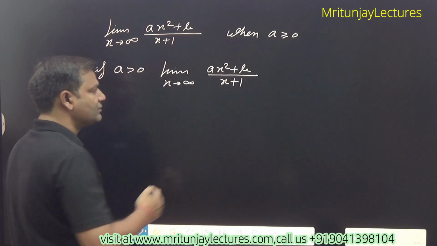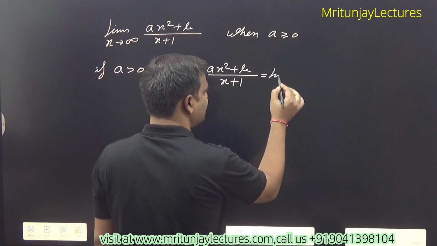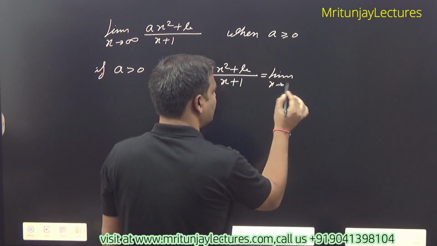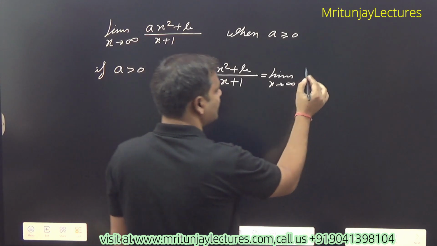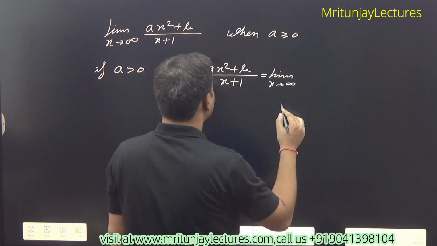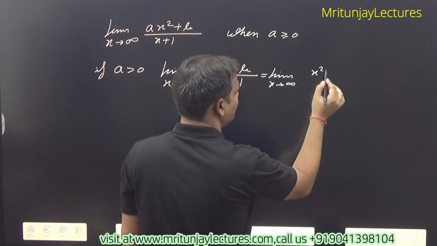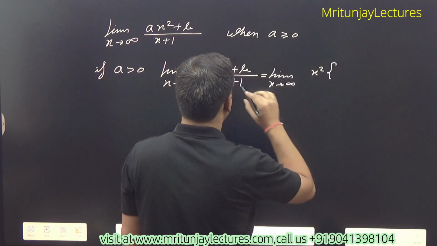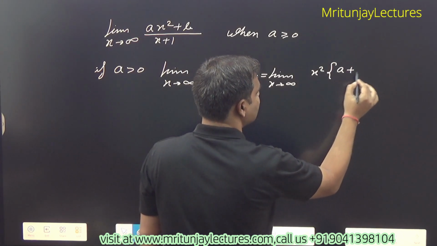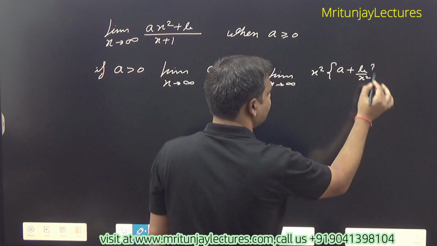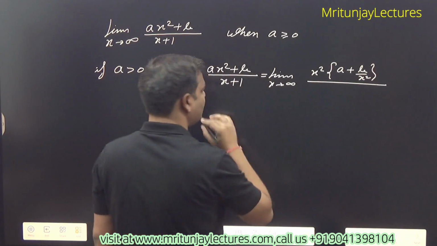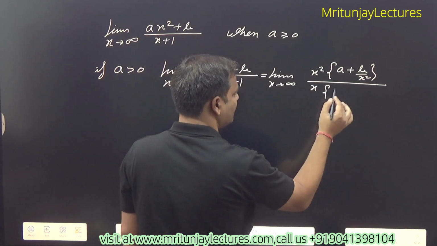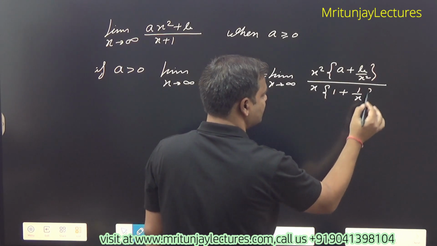So you can solve it with the help of L'Hospital rule. Otherwise, you simply take x common in numerator and denominator: x square common in the numerator, then we get a plus b by x square, divided by, taking x common in the denominator, 1 plus 1 by x.